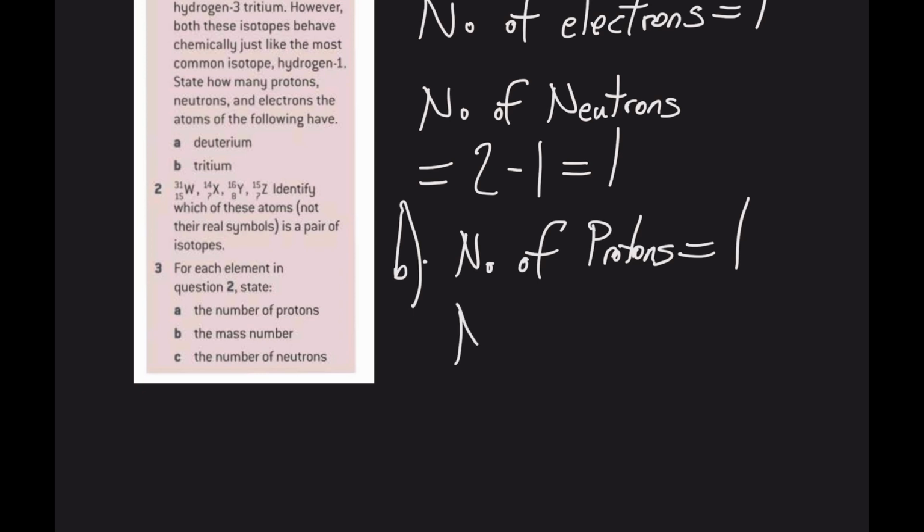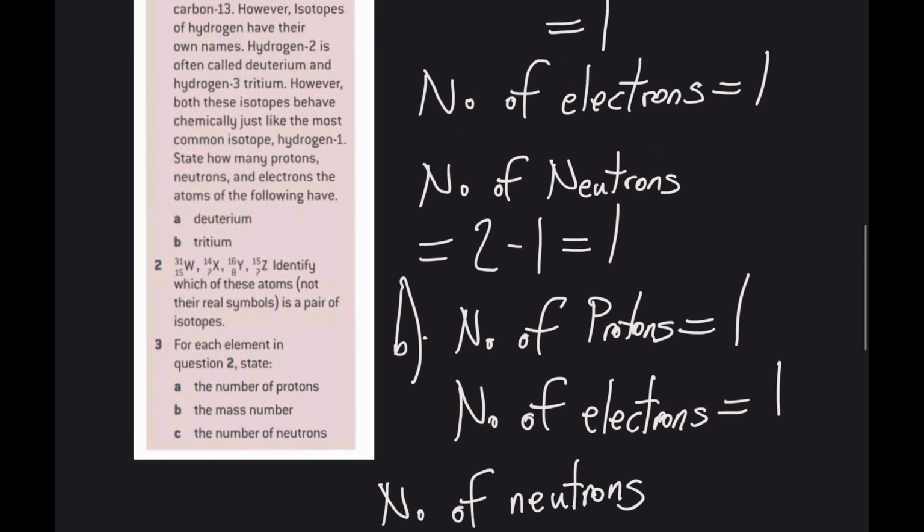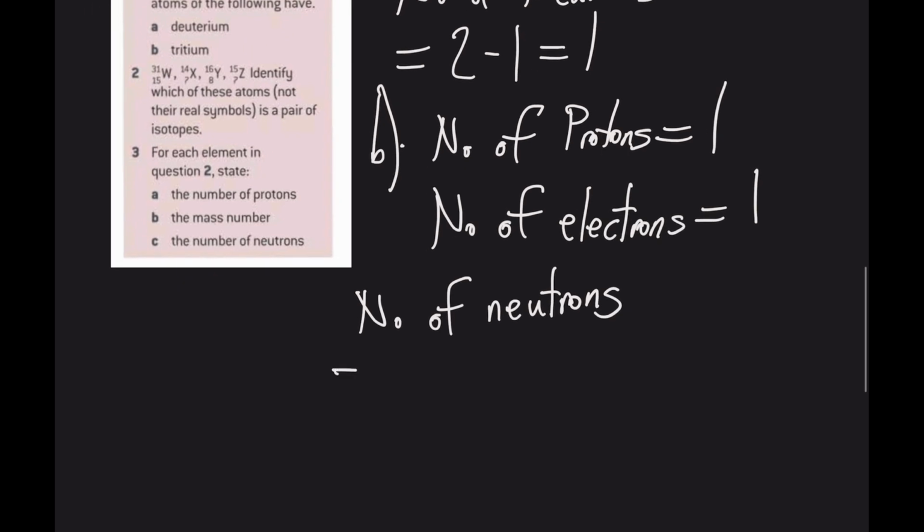Number of electrons is also equal to 1 because isotopes are always uncharged. And now the number of neutrons, well, that'll be equal to the mass number, which is 3, as you can see here. The number of neutrons is equal to 3 minus the atomic number, which is 1, and the answer to that is 2.